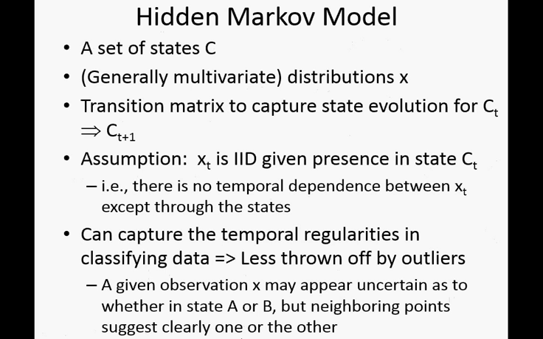So how do we work with these hidden Markov models? Well, we have to identify certain components. We have to identify the set of states that are associated with them. Here it's on person, off person, right? We have distributions associated with observations, which are typically multidimensional.